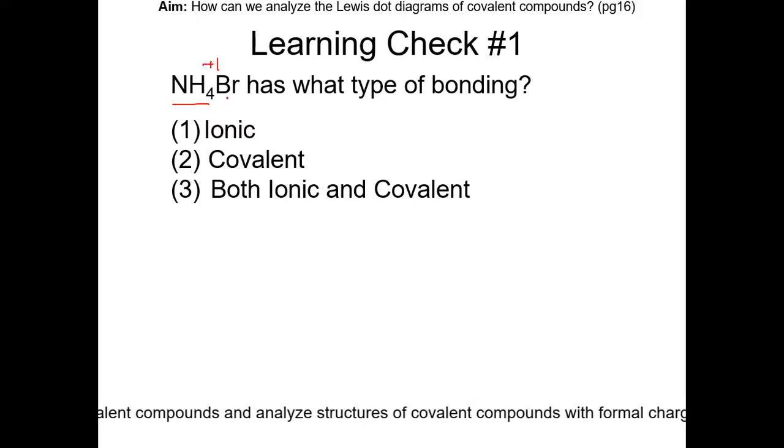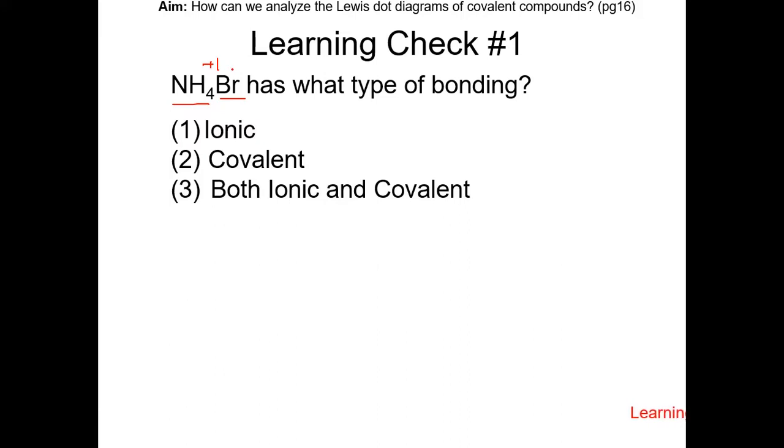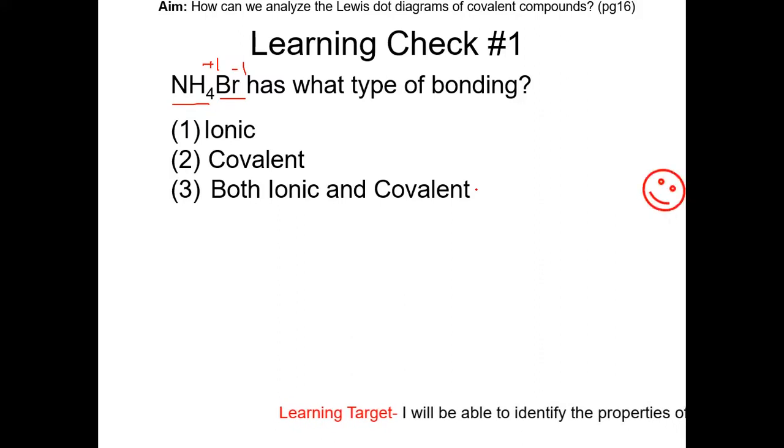So does Br have a charge of negative 1? If you look at the periodic table, Br is a nonmetal, and Br can have a charge of negative 1. Since both components are ions, it has both ionic and covalent bonding. So the answer is choice 3.